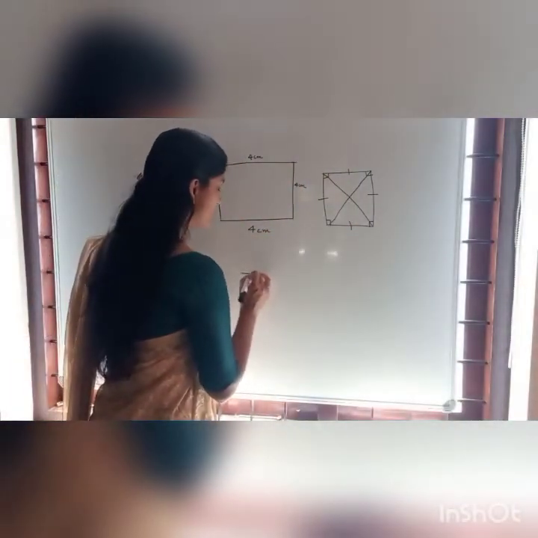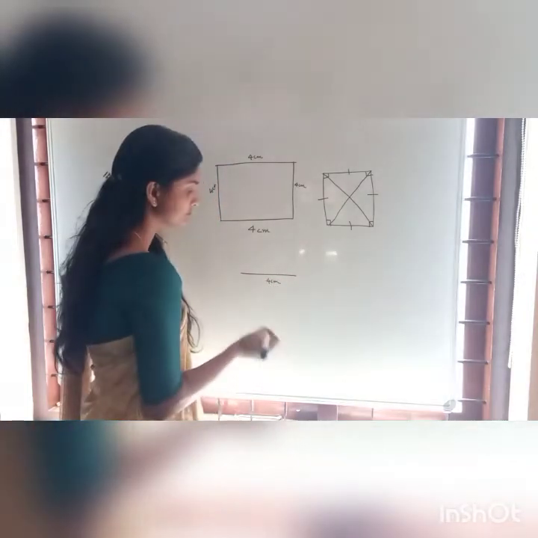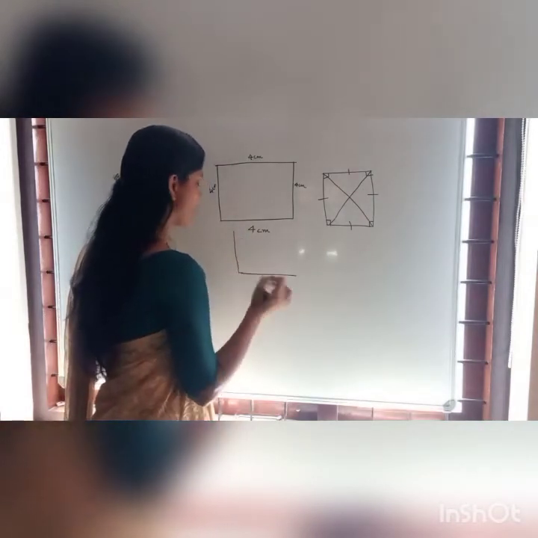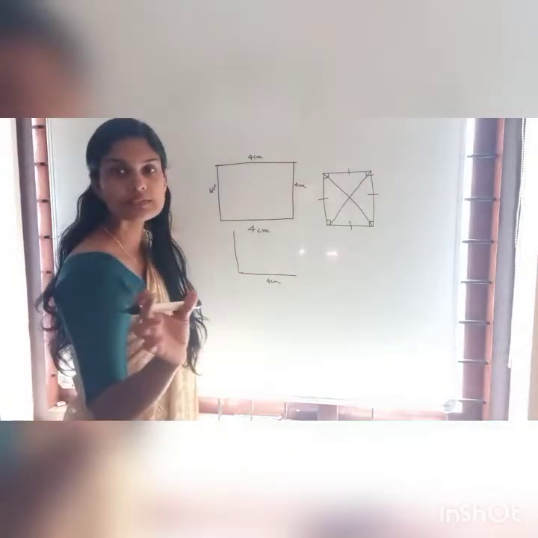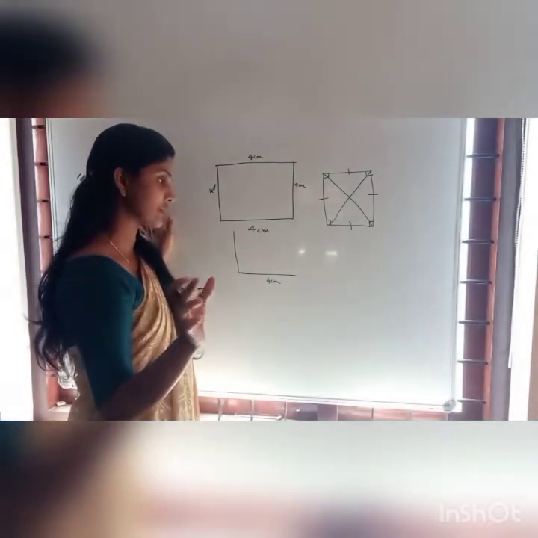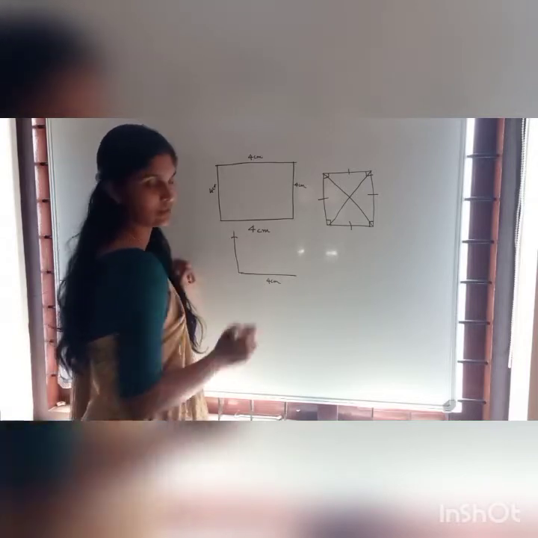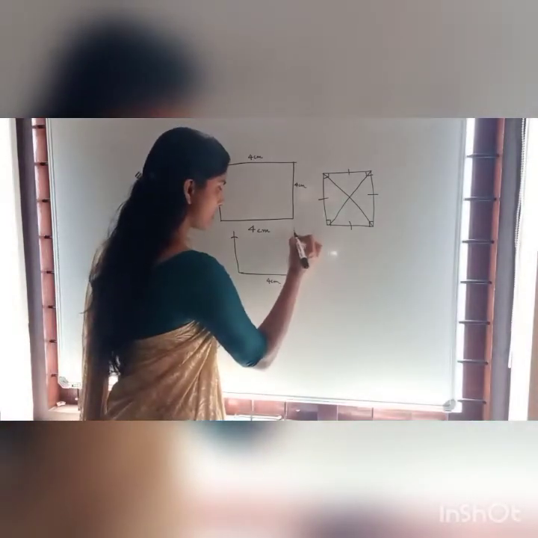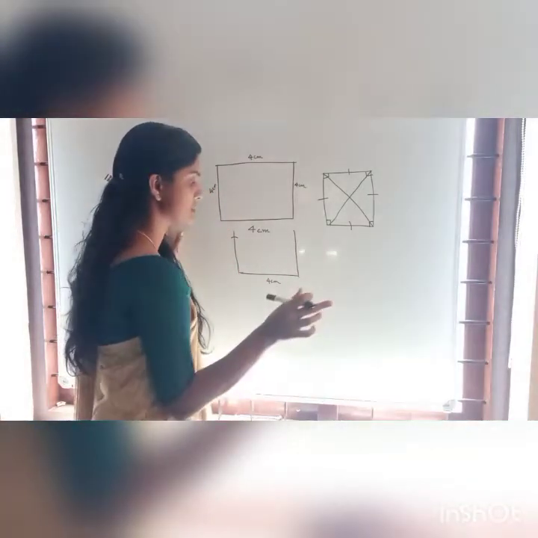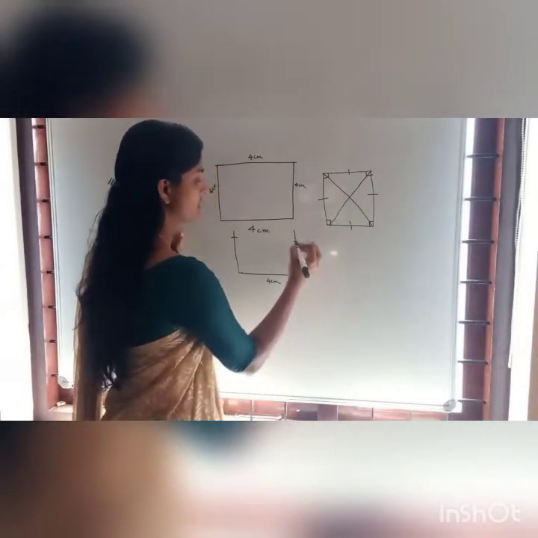First, you will make a line of 4 centimeters, and you will draw a straight line over here. Take your compass, measure 4 centimeters using a ruler, and then keeping the compass over here, mark 4 centimeters over here. Similarly, draw a line over here, take 4 centimeters on the compass using the ruler and mark 4 centimeters over here.